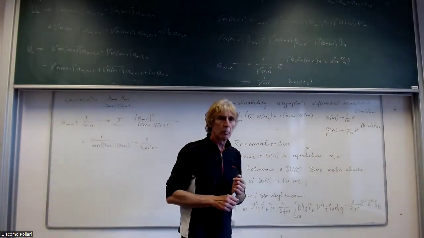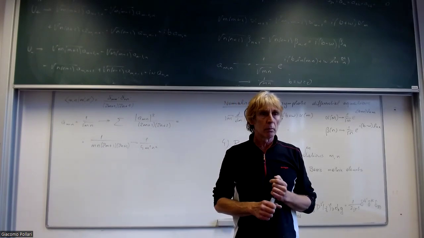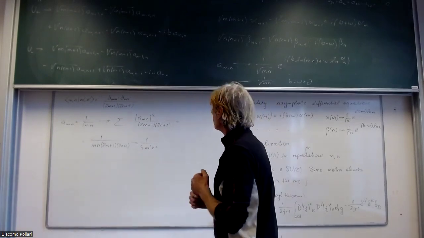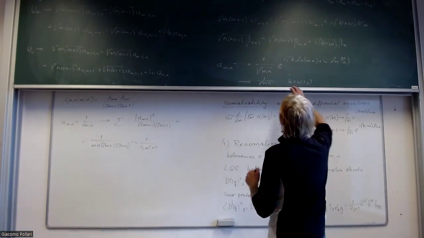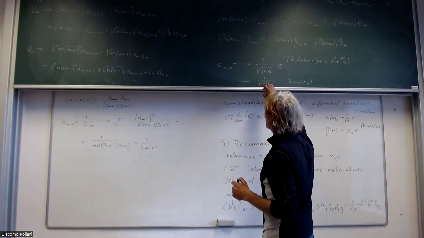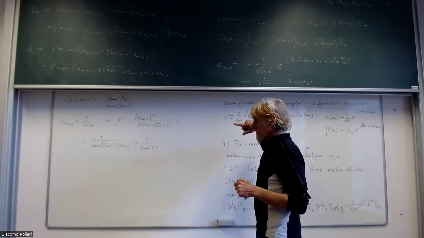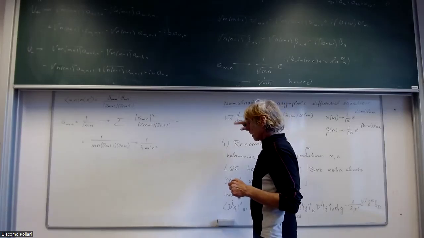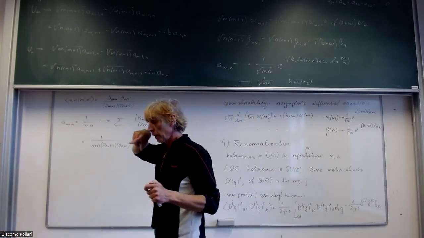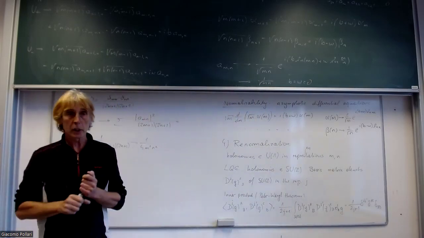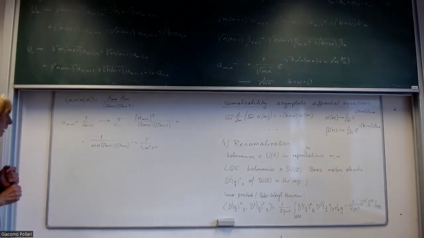What does M and N have to do with the representation of SU2? They are here in the boundaries, e to the i half n alpha, representations of U1.